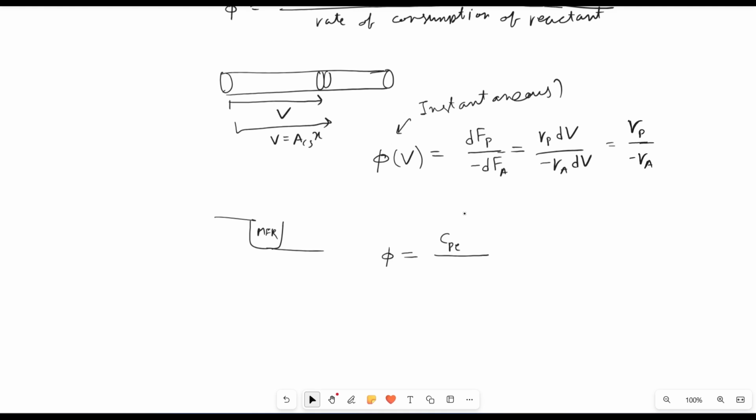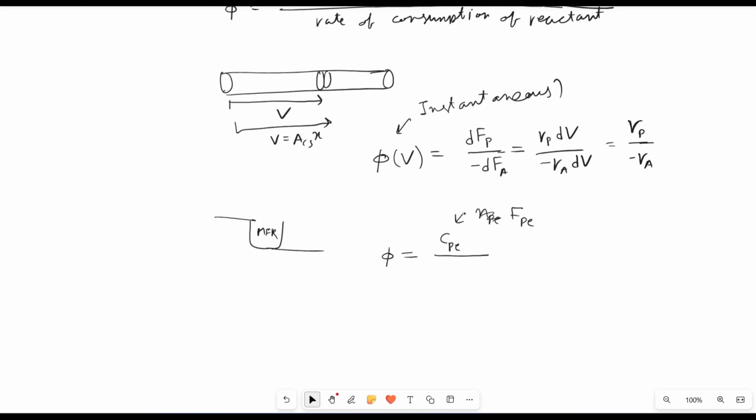I am assuming this is a liquid phase reaction, so concentration and moles are the same, which means we can divide by the MFR volume. If the volume is changing, then this Cp will be replaced by moles or rate of moles, simply Fp at exit.